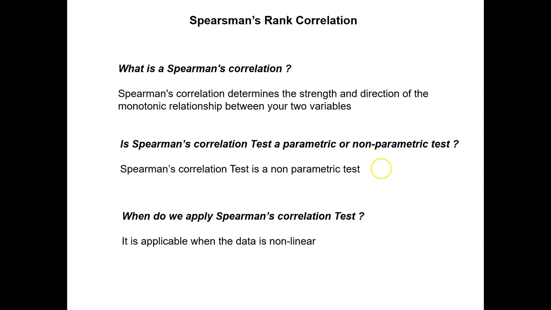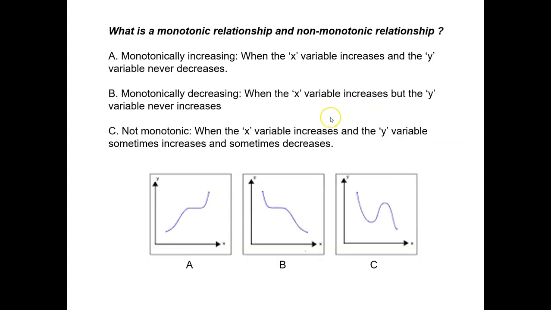Now moving forward, the question that comes to our mind is: what is a monotonic relationship and what is a non-monotonic relationship? As you can see in the graph, first talking about graph A, we can see that when the x variable increases, the y variable never decreases. Hence, we can say that graph A is a monotonically increasing relationship.